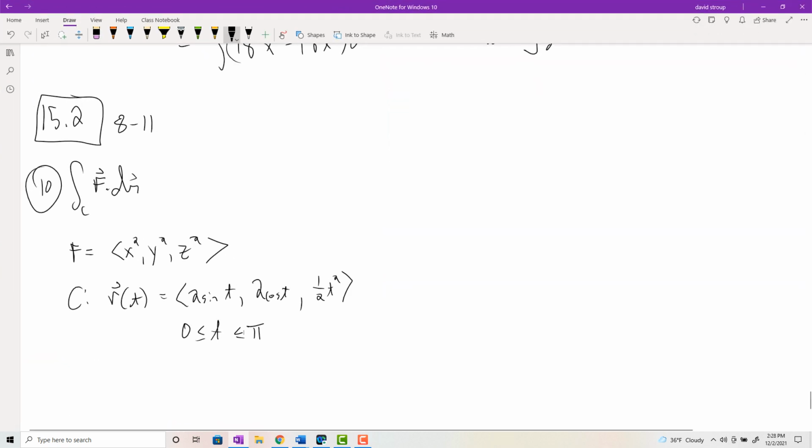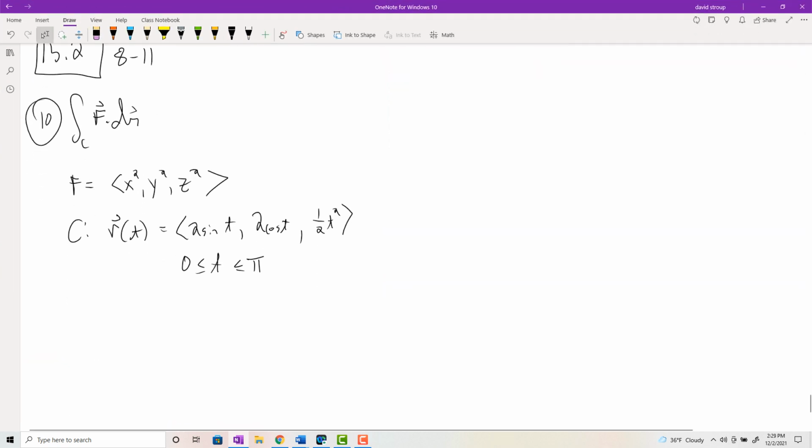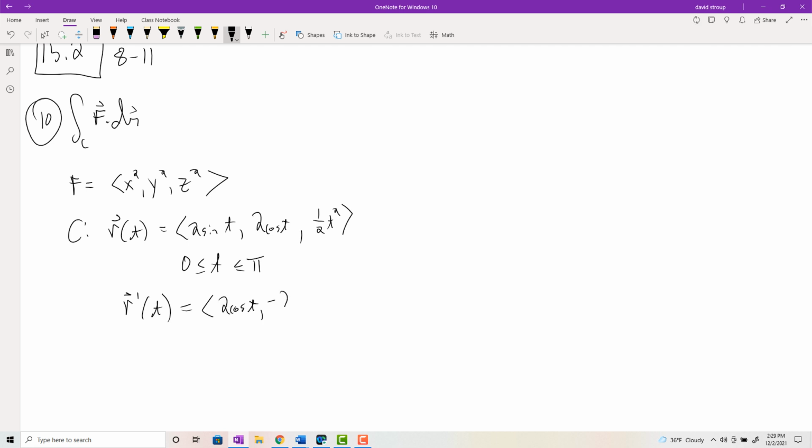Right, so in this case, I need dr, right? So I need r prime of t, and then I need to parameterize everything in terms of t for my integral. So I'm going to have 2 cosine t, comma negative 2 sine t, comma t, and then my integral will be the dot product of F and r prime of t dt from 0 to pi, reparameterizing F in terms of t using r of t.